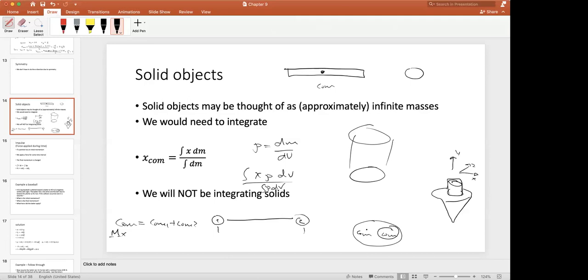That problem's pretty cool. It's an example. If you don't want to do it, cool, don't do it. If you want to do it, check it out. It's a pretty nice problem. It's one of the few problems in our book that I actually really do like, because it teaches you a concept. And that concept is that for multiple solids, if you find the center of mass of this little top part and the center of mass of the bottom part, and you add those two, you'll get the center of mass of the entire thing.